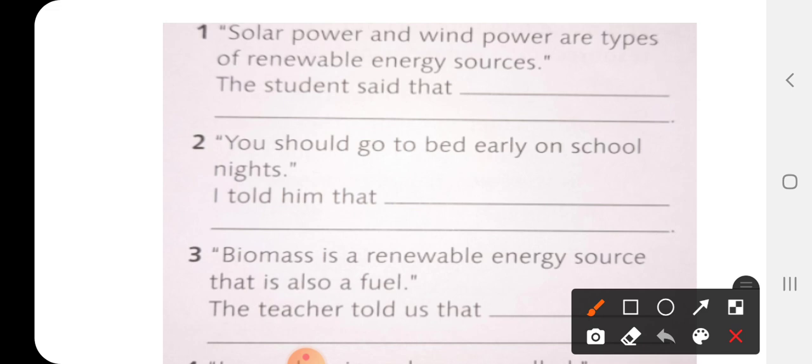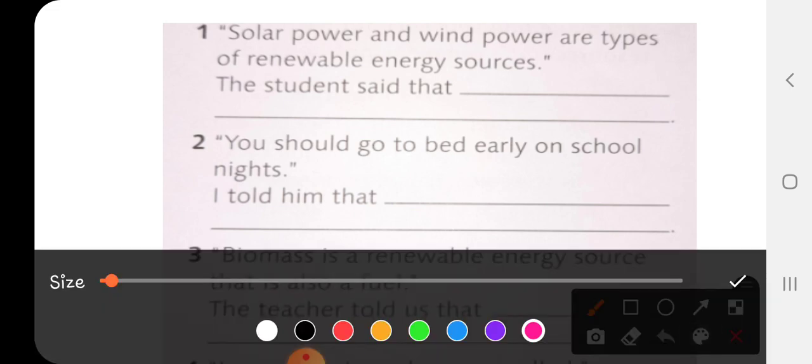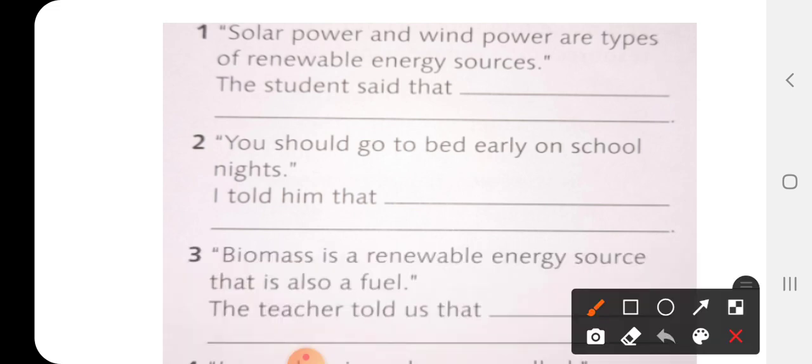Before we do it, what do we have to underline? We have to underline the verbs in the sentence. شو الأفعال اللي أنا عندي بالsentence? Solar power and wind power. Are these verbs? No. Are types, this is the verb, types of renewable energy sources.